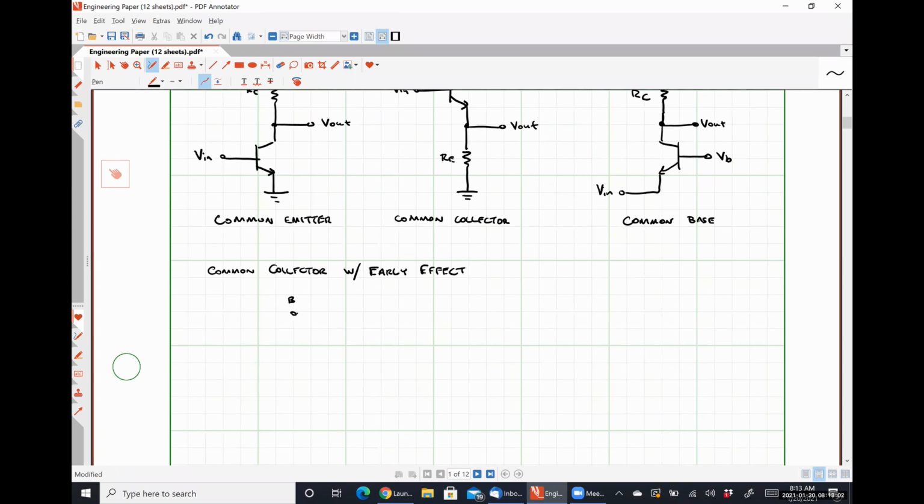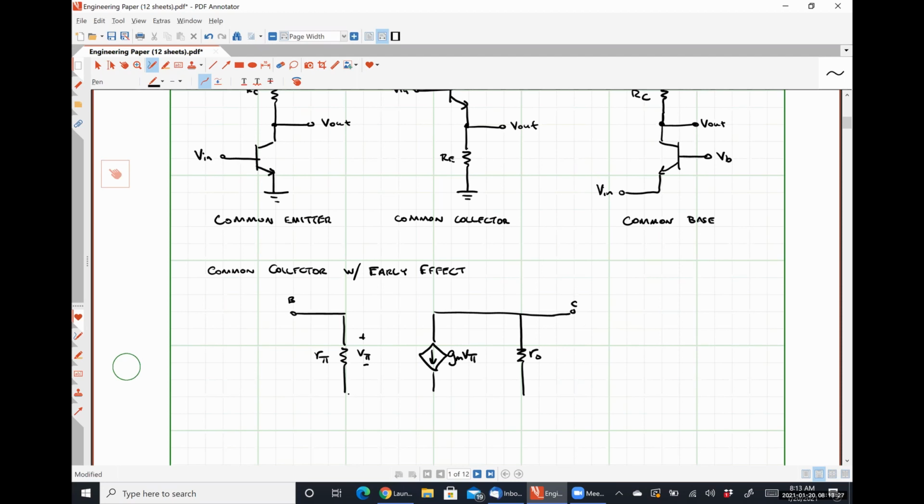So here is base. Here is our resistance R pi. Here is our voltage V pi. Over here, we have our current source, gm V pi. In parallel with that, because the early effect is not being neglected, we have some resistance R naught.